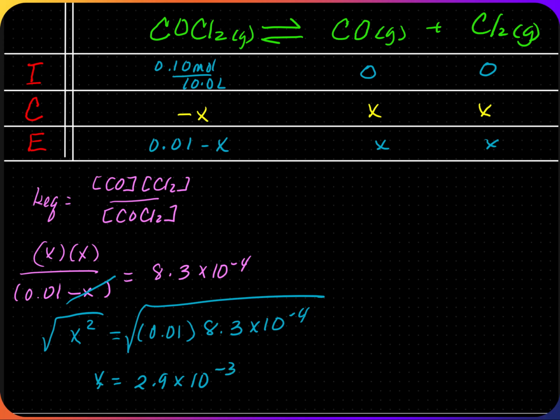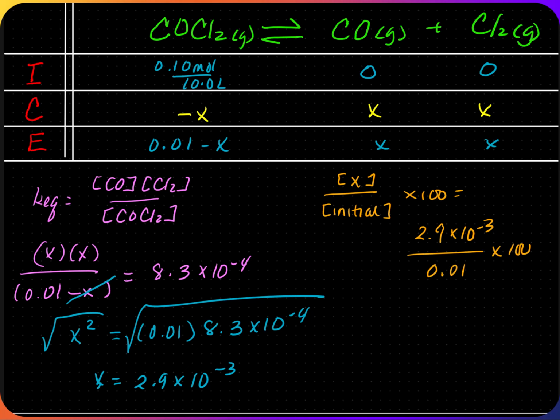Since we applied the 5% rule, we need to check if the 5% rule is valid. So the concentration of x over the initial times 100 has to be less than or equal to 5%. x is 2.9 times 10 to the negative third divided by 0.01, times 100.